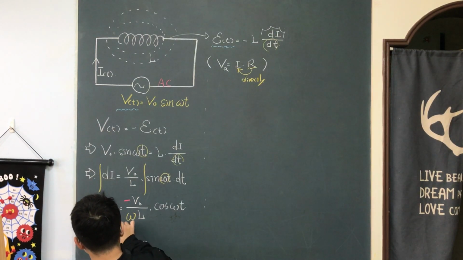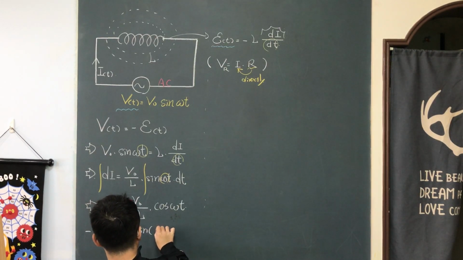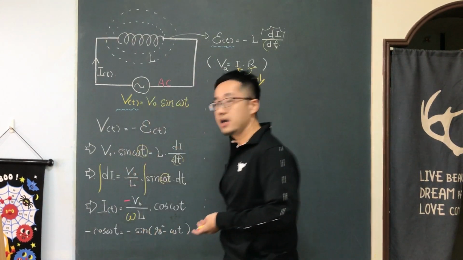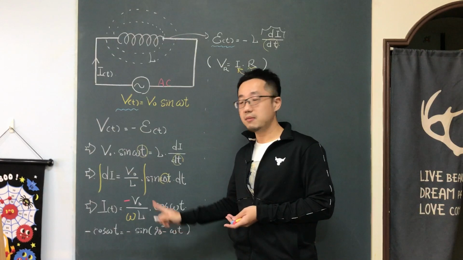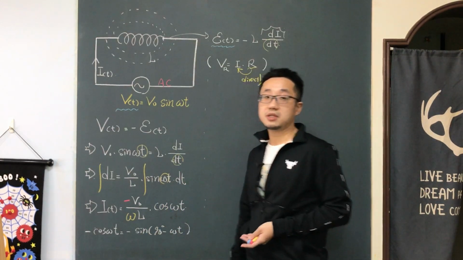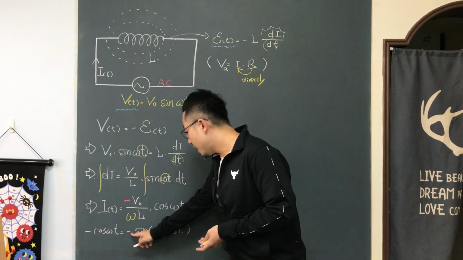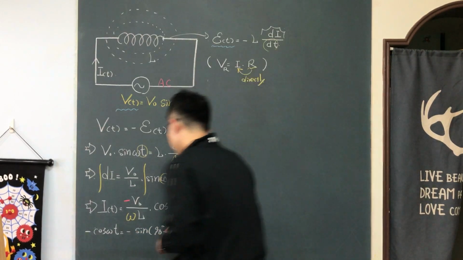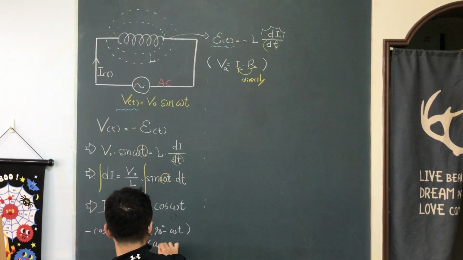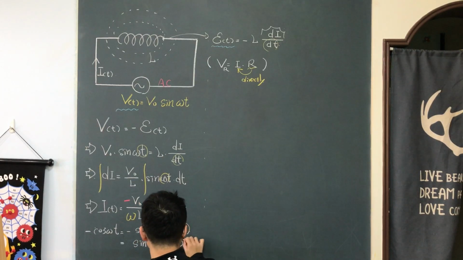Right here, I want to keep simplifying this, because the minus cosine omega t is equal to minus sine of 90 degrees minus omega t, and minus sine of theta equals sine of minus theta. So you can put the minus inside of it, so it turns out to be sine of omega t minus pi by 2, and pi by 2 means 90 degrees.